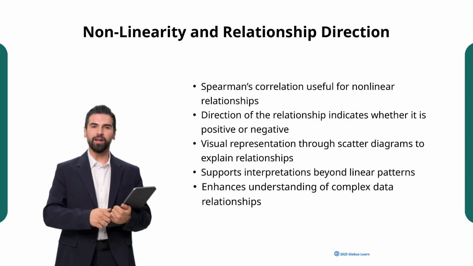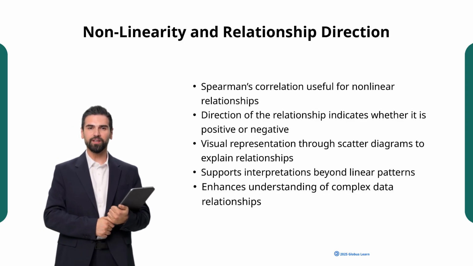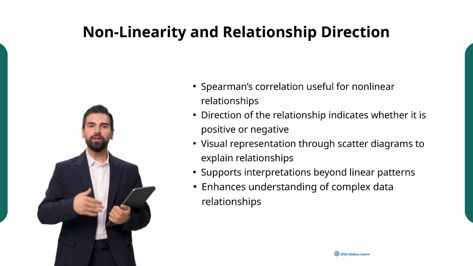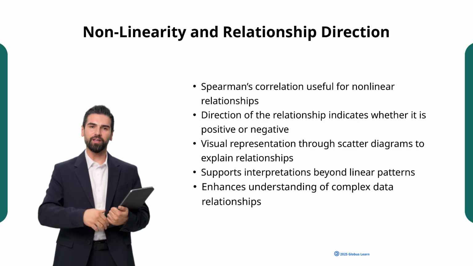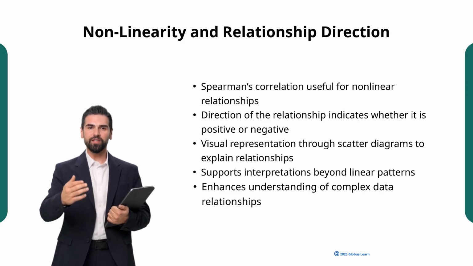One of the intriguing aspects of Spearman's rank correlation is how it embraces nonlinear relationships. Unlike Pearson's correlation, which fits a straight line between data points, Spearman can appreciate a variety of behaviors so long as we are considering ranks. The direction of the relationship is also key.